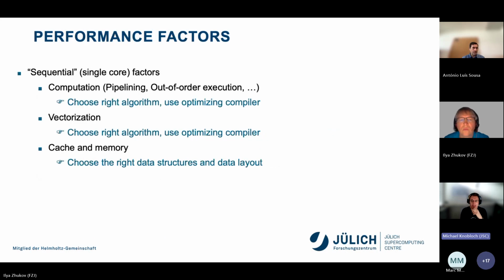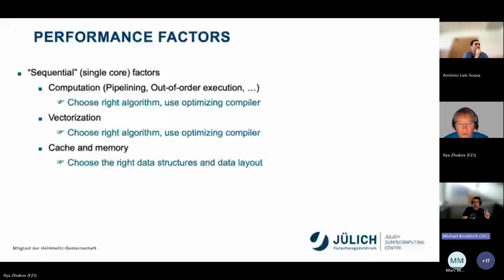Okay, next slide. So for performance engineering, we regard a couple of performance factors, as we call them, and those can be distinguished in sequential performance factors. So those are things you have to consider even when writing a sequential program. So you don't use any parallelism to begin with. In fact, you have to use some parallelism to get performance because your single core, right, still is kind of a parallel computer.